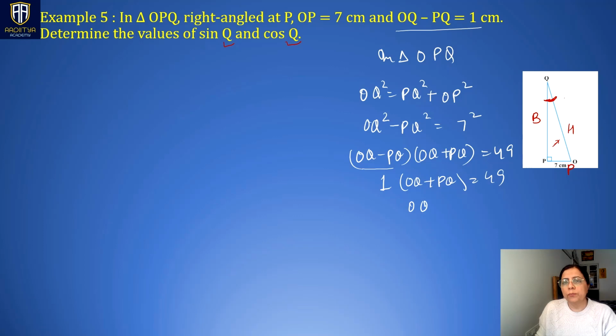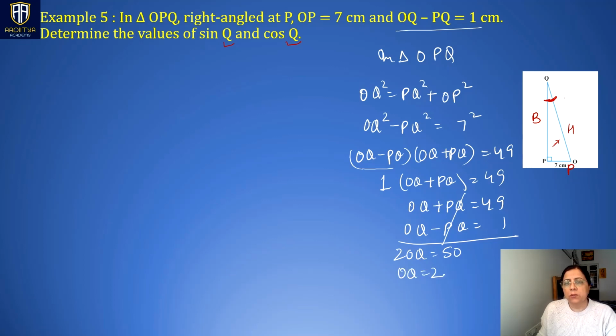So OQ plus PQ becomes 49, and write this equation OQ minus PQ is 1 below this. Now solve this. You get 2 OQ is 50. So the value of OQ becomes 25, right?